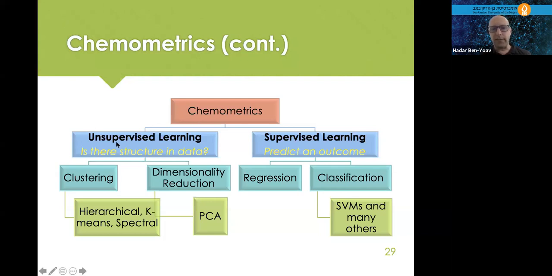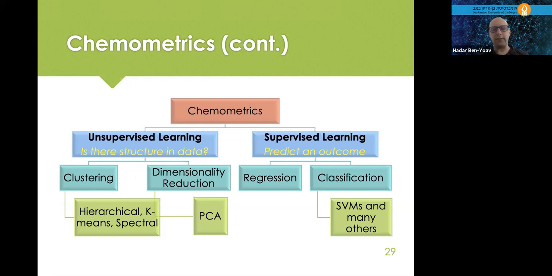So we have the unsupervised learning, which gives us cluster information, so we don't need to train the model. The model identifies different structures inside the data, so it gives us some kind of clusters in the data. Or we can also use these approaches to reduce the dimension of the data.